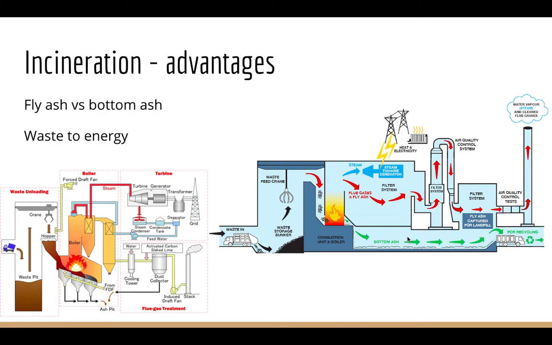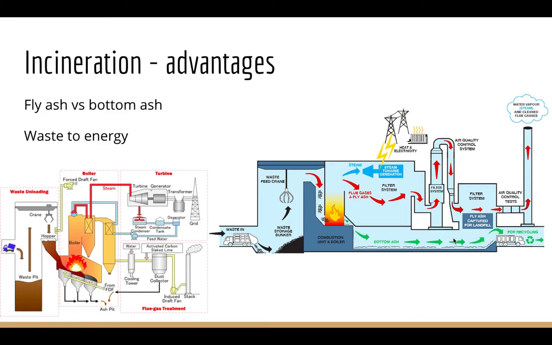The disposal of the ash depends on the concentration of toxic metals. So if it's low in contaminants, so if the metals like lead and cadmium are not present, then that bottom ash can be taken to a landfill or can be recycled.